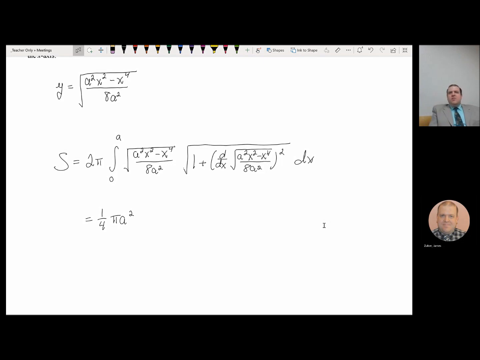Actually, surface area will be too, but that's a different formula.